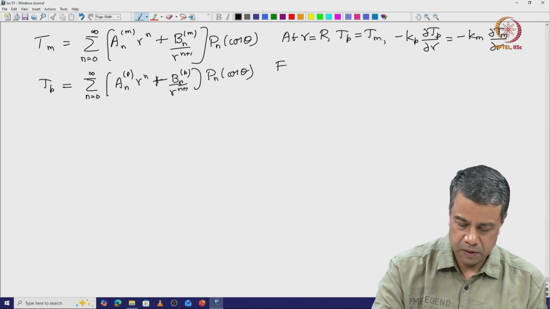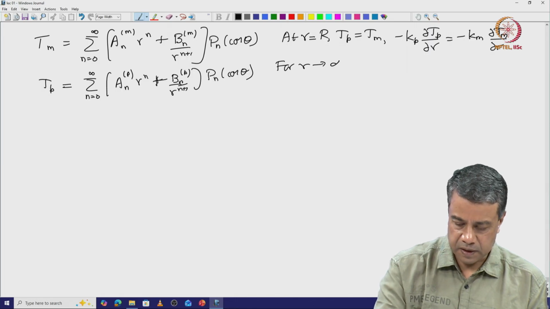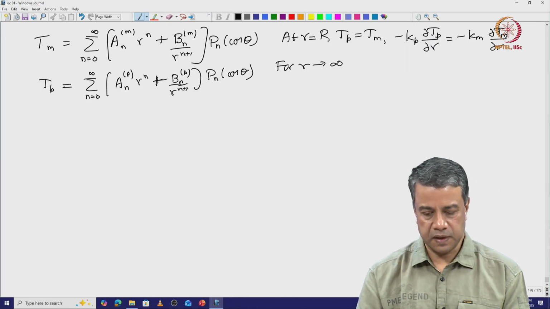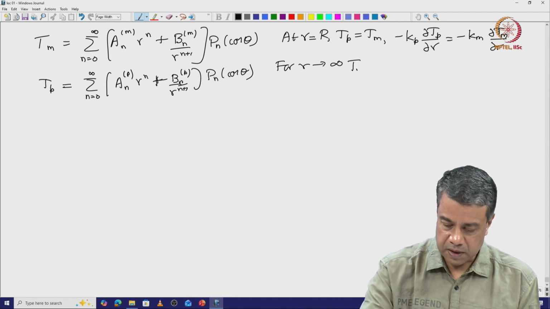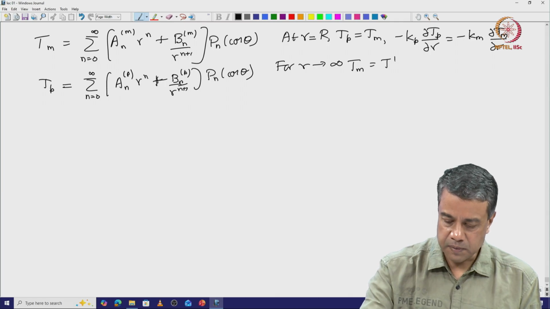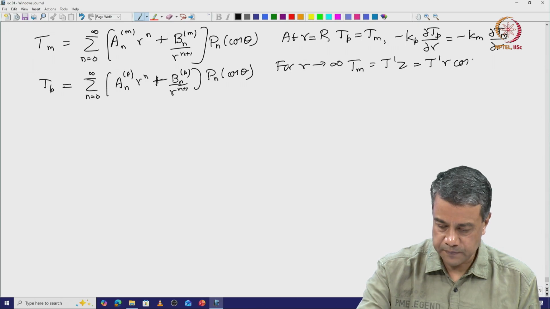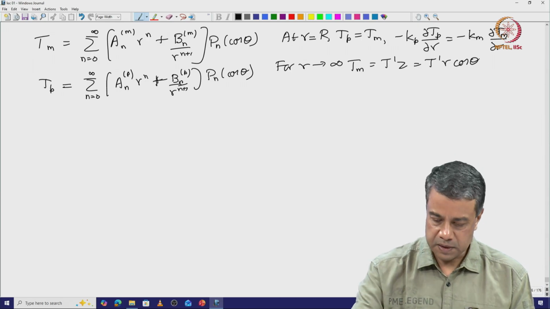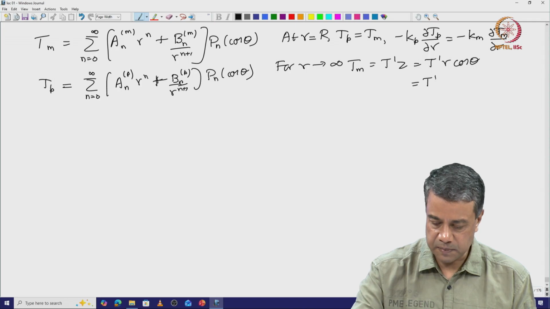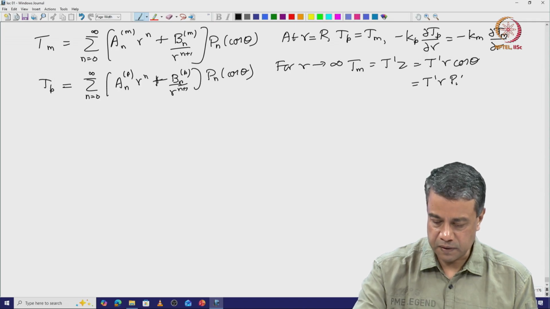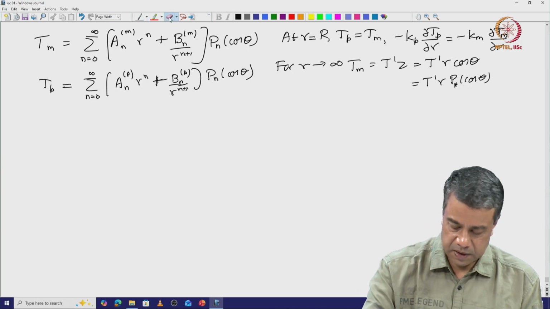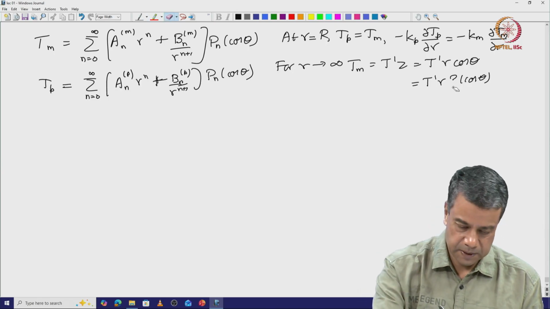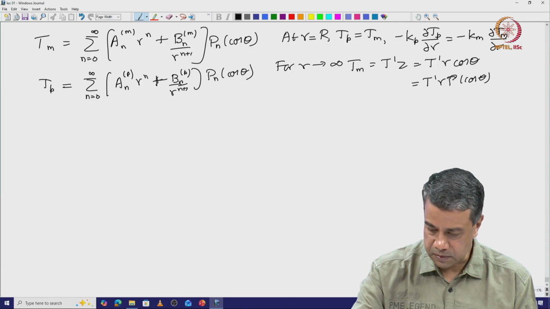And for r going to infinity, the matrix temperature is a linear function. T matrix is equal to T prime z is equal to T prime r cos theta, which is the same in a Legendre polynomial as T prime r P1 of cos theta, because P1 of cos theta is equal to cos theta.